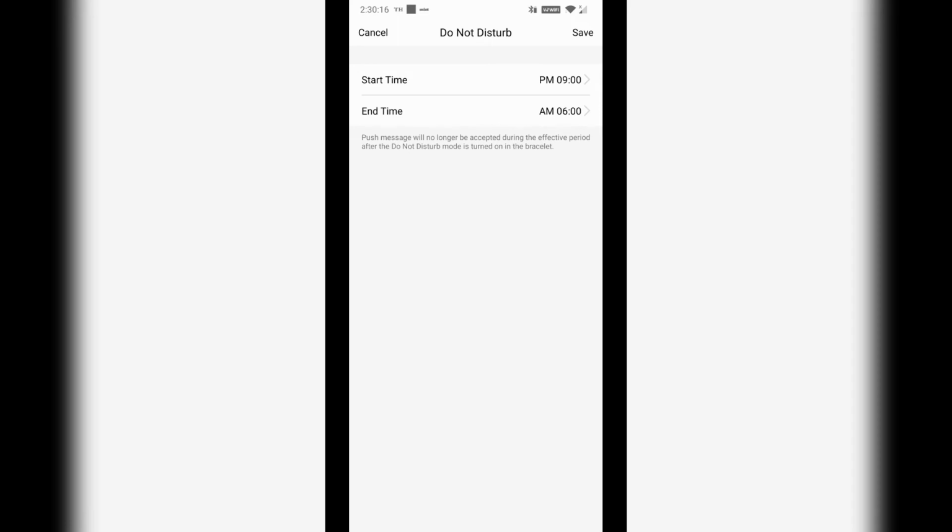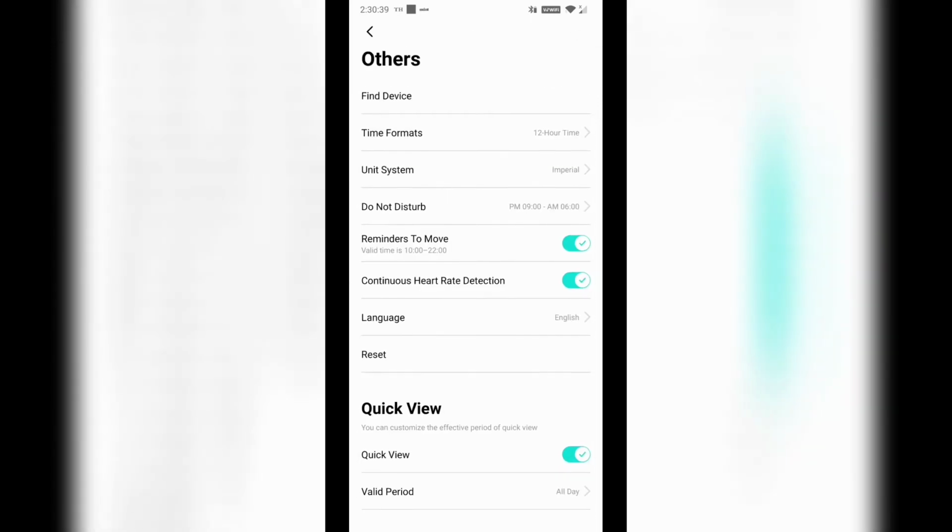Another option is don't disturb, with start time and end time. I go to sleep at 9 o'clock and wake up at 6 a.m., so I requested the watch not to disturb me during this time. We can enable that don't disturb.